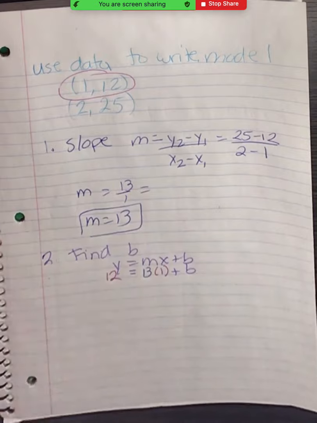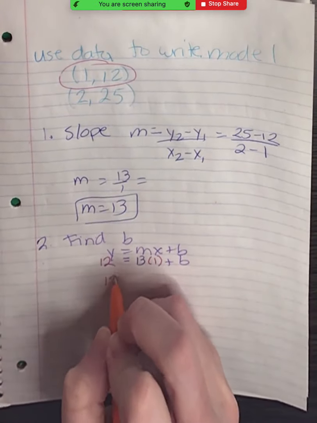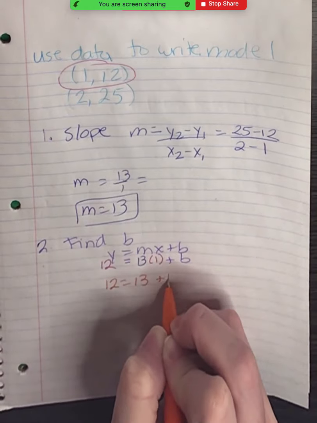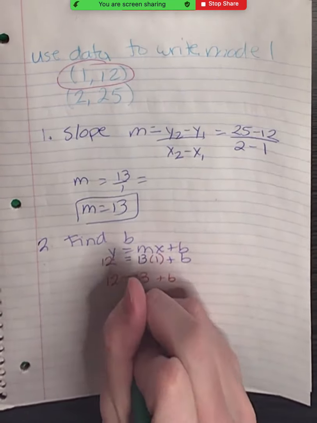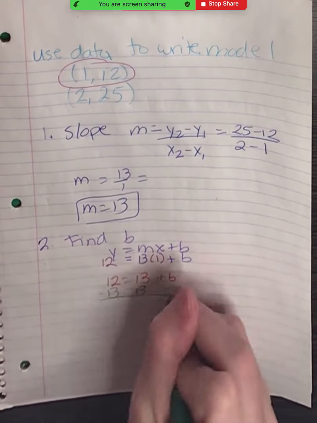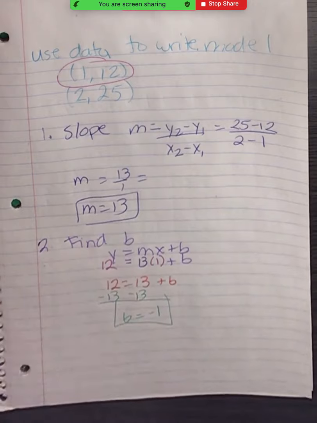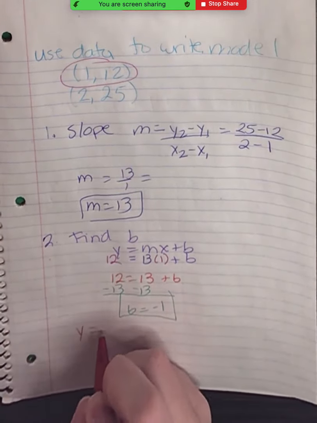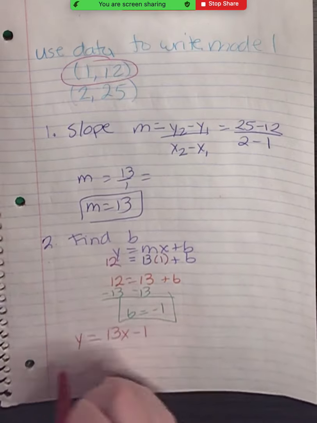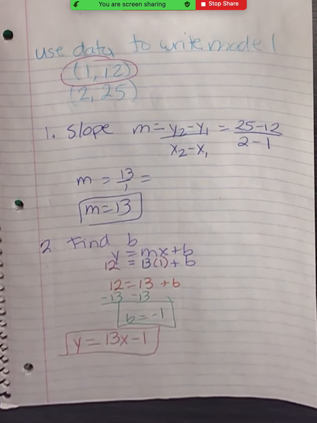So we get 12 equals 13 times 1 plus b. 12 equals 13 plus b. And then solve for b. I'm going to subtract 13. And I get b is negative 1. Now you have your slope and your intercept, so you can write your equation. So we can say y equals 13x minus 1. Okay, we've done that before.